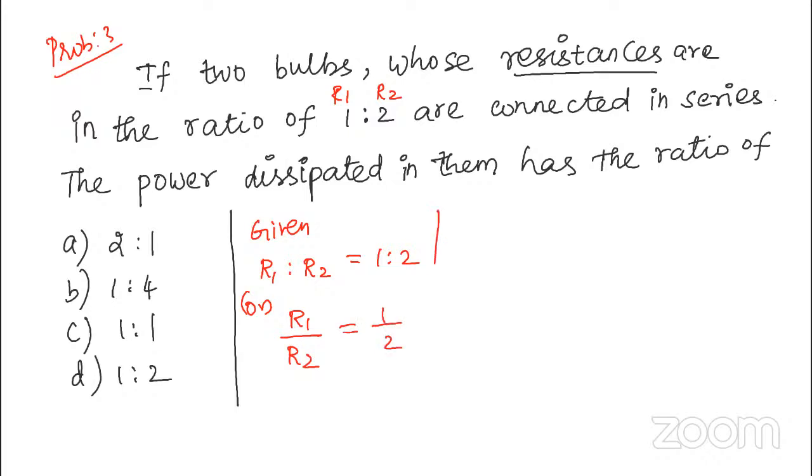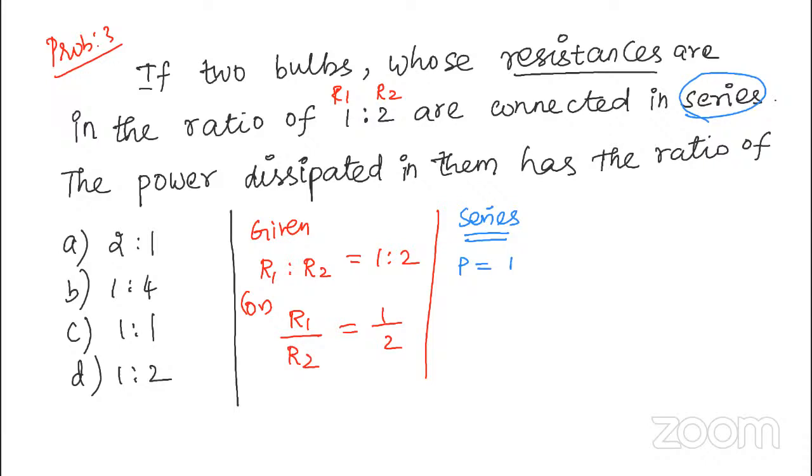For a series combination, 2 bulbs are connected in series. On that day we wrote one formula for series. What is it?